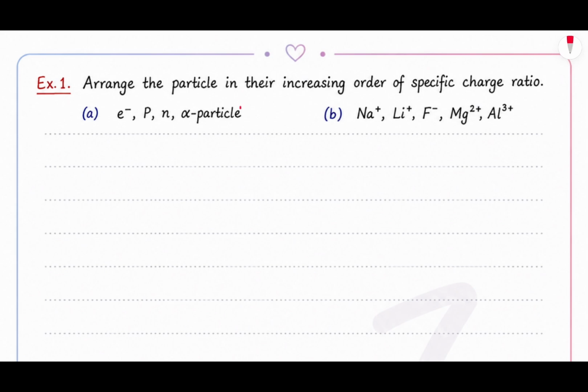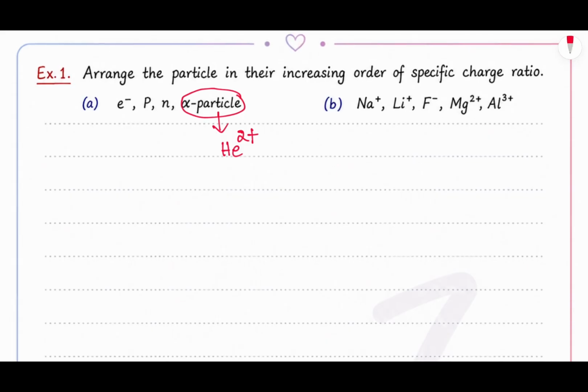First of all, you should understand what the alpha particle is. The alpha particle is a bipositive helium ion, with atomic number 2 and atomic weight 4.